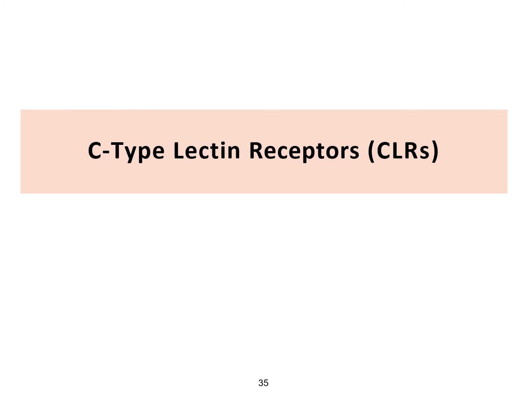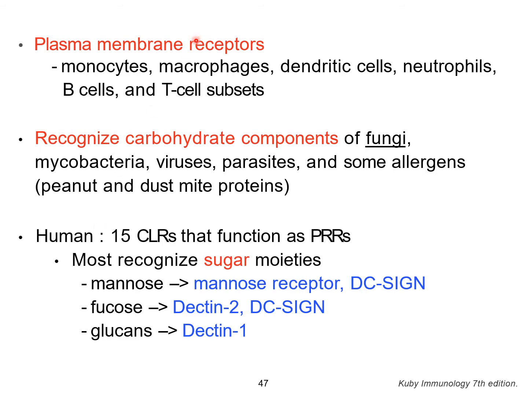And next coming to C-type lectin receptors, these are again transmembrane or plasma membrane receptors. They recognize carbohydrate components of fungi, bacteria, viruses, parasites and some allergens. In humans, 15 types of CLRs are recognized which function as PRRs.